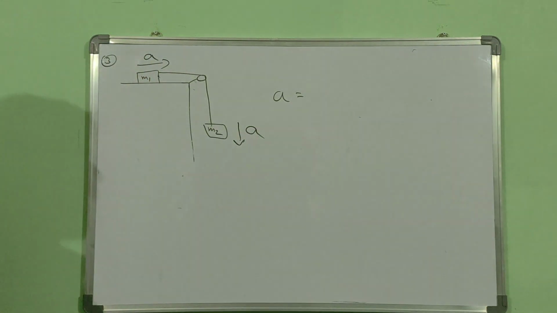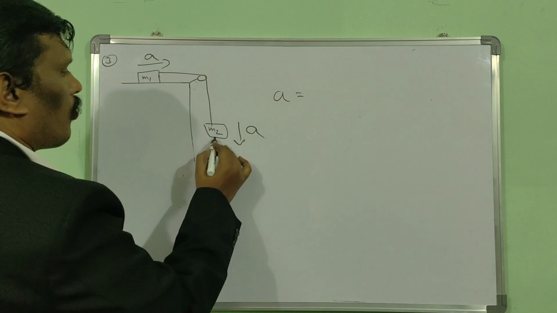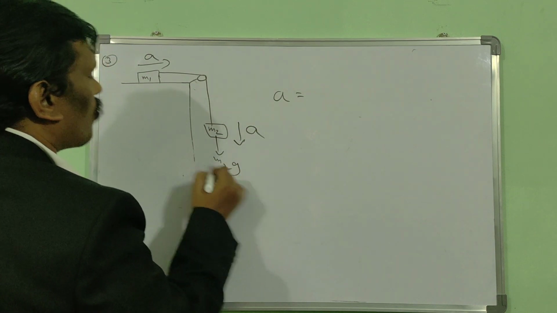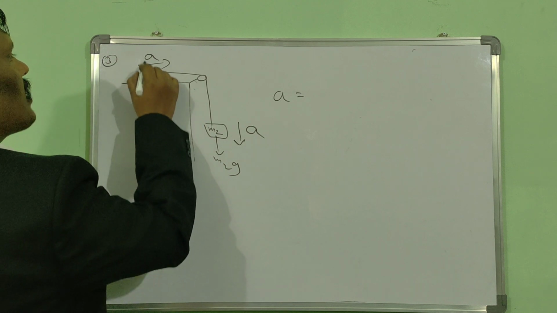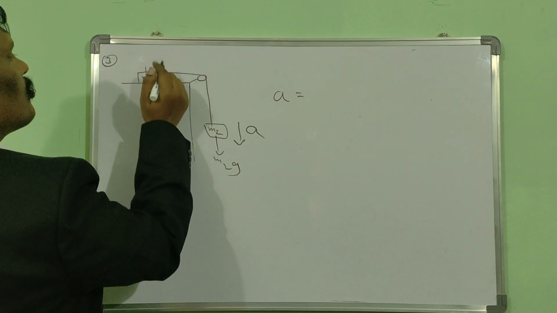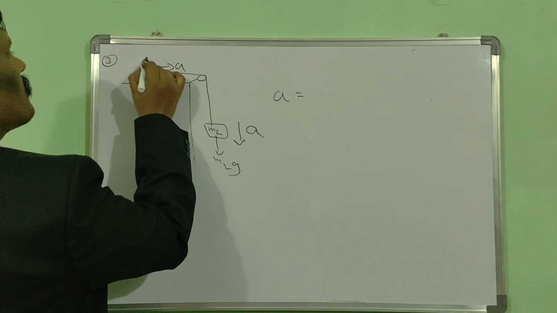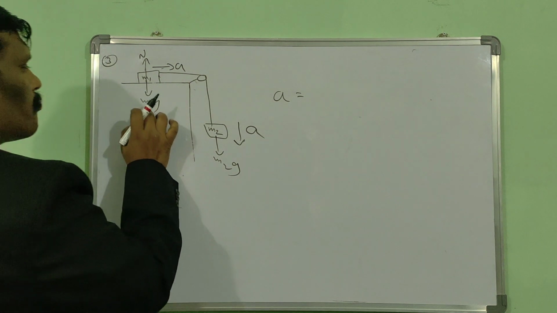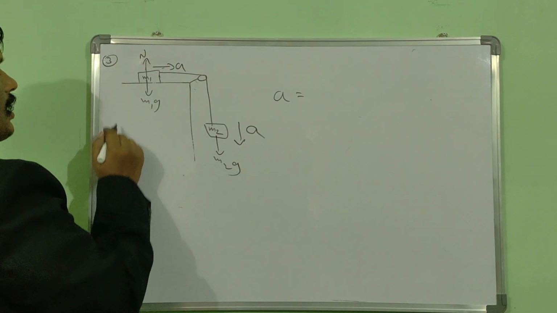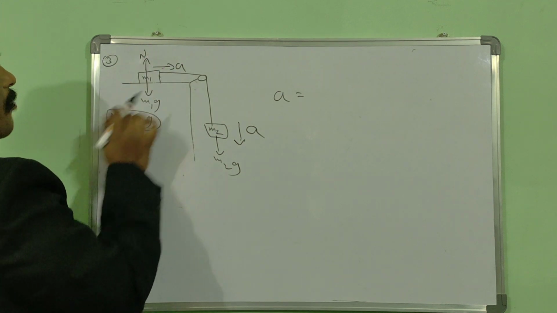So how to calculate the acceleration in this system? Remember, this is M1, this is M2. What is the weight acting? M2G. Here what is the weight acting? M1G. And observe, this M1G is balanced with the normal force. This is moving with the acceleration A, of course. That's why this M1G is equivalent to N. N and M1G are both equal and opposite.